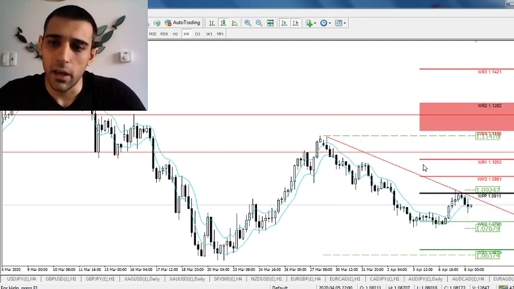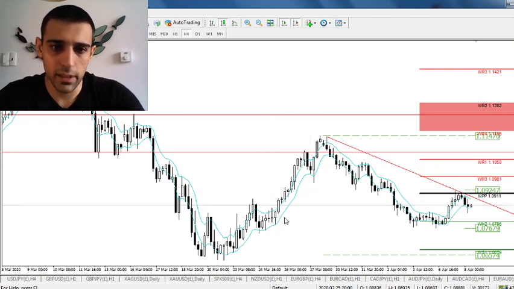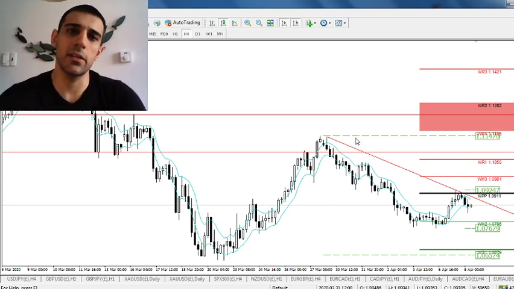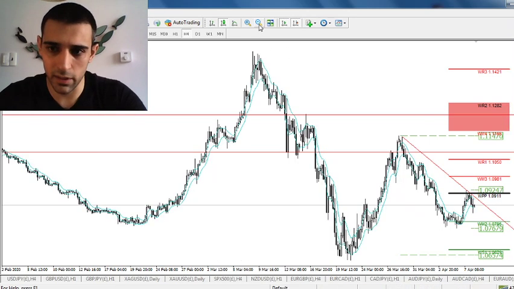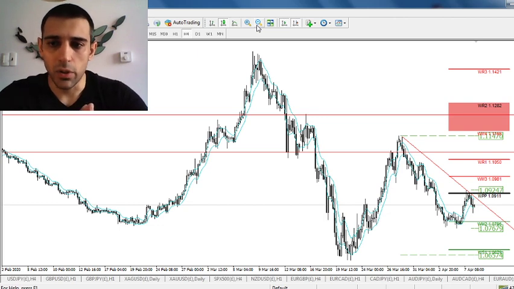It had quite a reaction and came down to these 4-hourly highs. It tested them and put in this spinning top candle again. So it doesn't look very good now in terms of the setup.